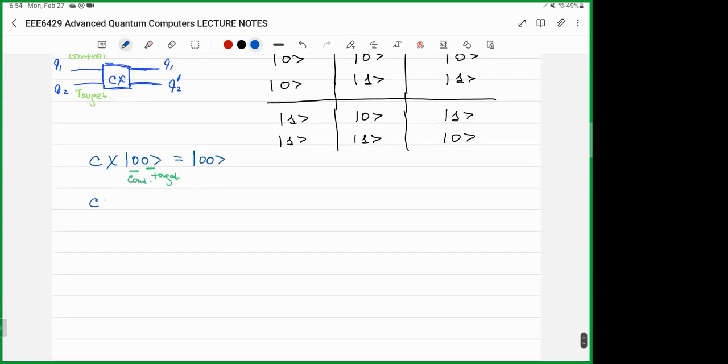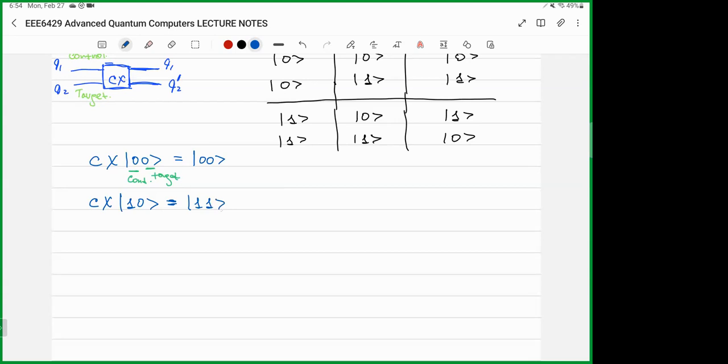But if I act this CNOT gate on the double qubit state, let's say 1, 0, now the control is 1, and that means my target qubit has to be flipped.